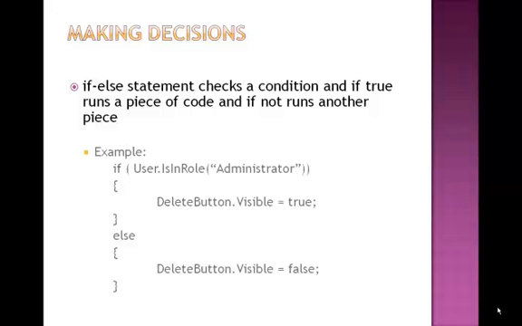So for example, if I want to make sure that I hide the button from everybody except the administrator, I use this piece of code here. So if user isInRole administrator evaluates to true, then I make the visible property of the delete button true. Otherwise, within the else block, I make the visible property of the delete button equal false. And this way, I make sure that the part of the code that has to be run when the condition is not met will be run.